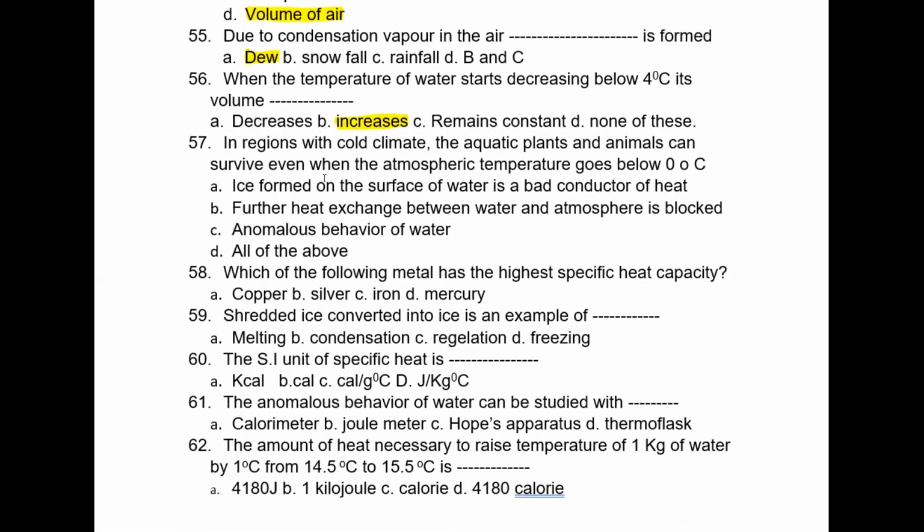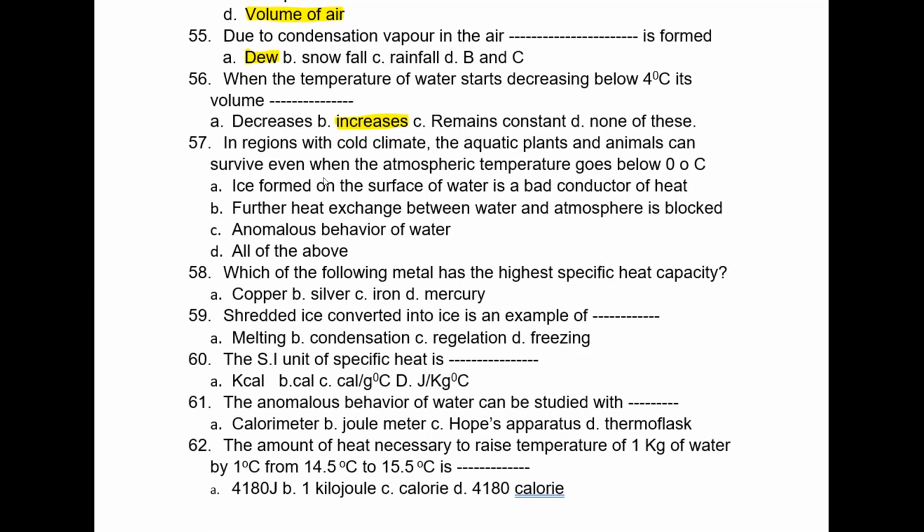Next question. In regions with cold climate, the aquatic plants and animals can survive even when atmospheric temperature goes below 0 degrees Celsius. Ice formed on the surface of water is a bad conductor of heat. Further heat exchange between water and atmosphere is blocked. Anomalous behavior of water. All the above.